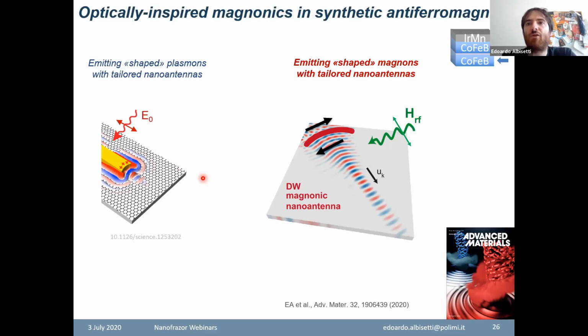So we perform basically a similar thing, but with magnons and spin textures. So instead of having a gold rod as an antenna, we have a domain wall in this particular material. And this is exactly a curved domain wall where the magnetization on the top part of the chip points towards the right, and on the bottom part of the chip points towards the left.